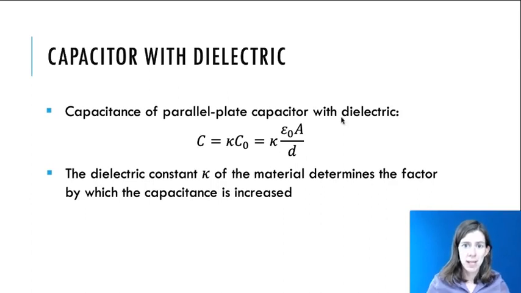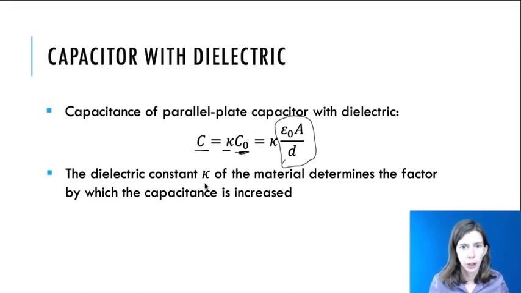The equation for this is basically that now, if there is a dielectric in our capacitor, then to find the capacitance of that capacitor, we use the old equation, which is epsilon times A over D, but we multiply that old capacitance by the dielectric constant kappa. So basically, if a material has a constant of 3, well, then its capacitance is 3 times greater than if that constant wasn't there.